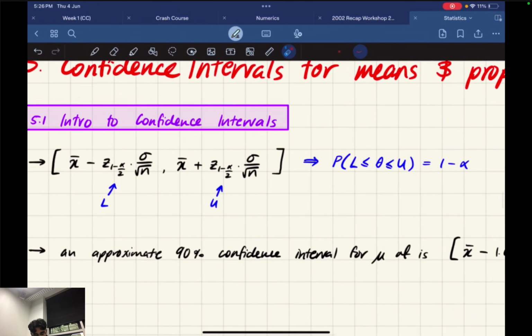And over here, Z is my Z score for a 90% confidence. X dash is just my mean, that's my standard deviation, and that's my sample size, N. Okay? What you're gonna have to learn how to do is figure out how to find the Z score.